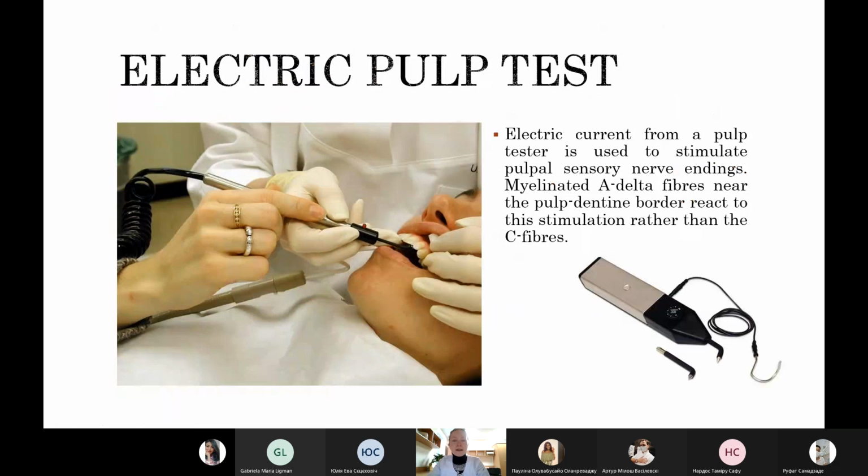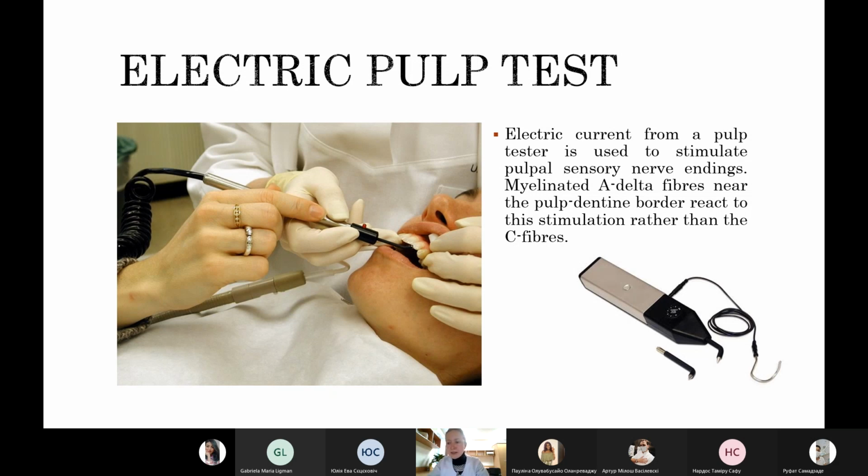Next strategy is electric pulp testing. Electric current from a pulp tester is used to stimulate pulpal sensory nerve endings. Myelinated A delta fibers near the pulp dentine border react to this stimulation rather than C fibers.